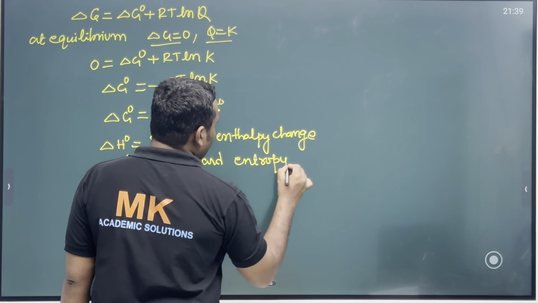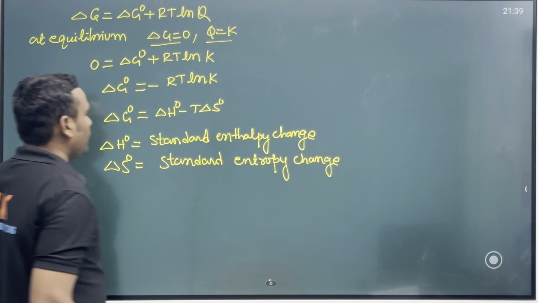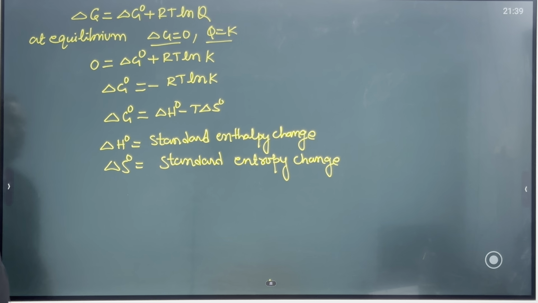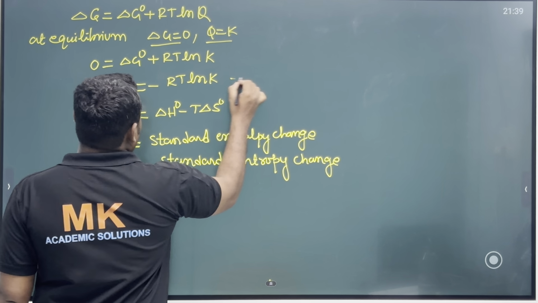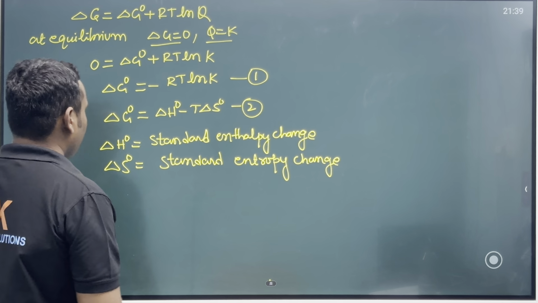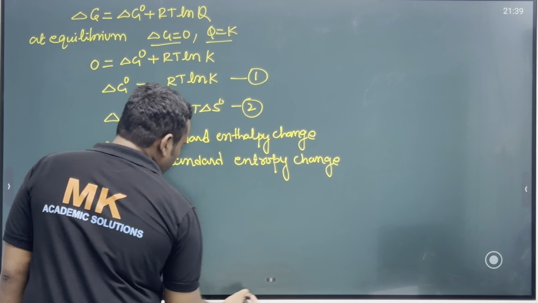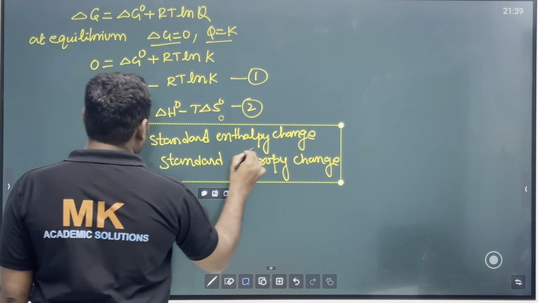Okay, right. So now here, let us consider this as equation number 1 and this as equation number 2. So now from equation number 1 and equation number 2, what can I write?